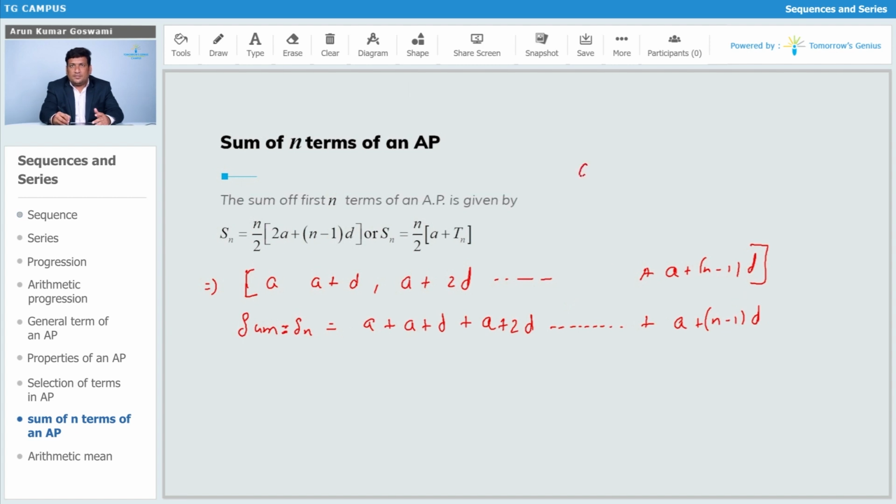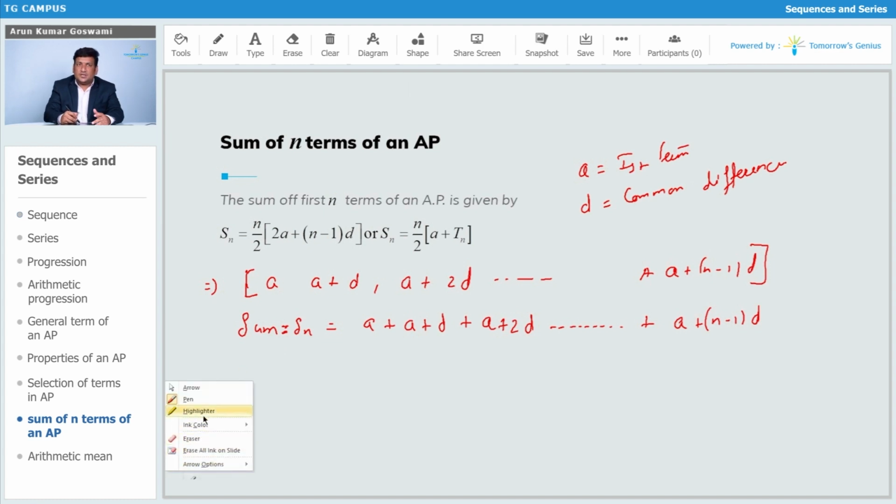Again, I'm writing here, A is my first term for your reference, and D is the common difference. Now I'm going to write this sum as the same equation one more time.